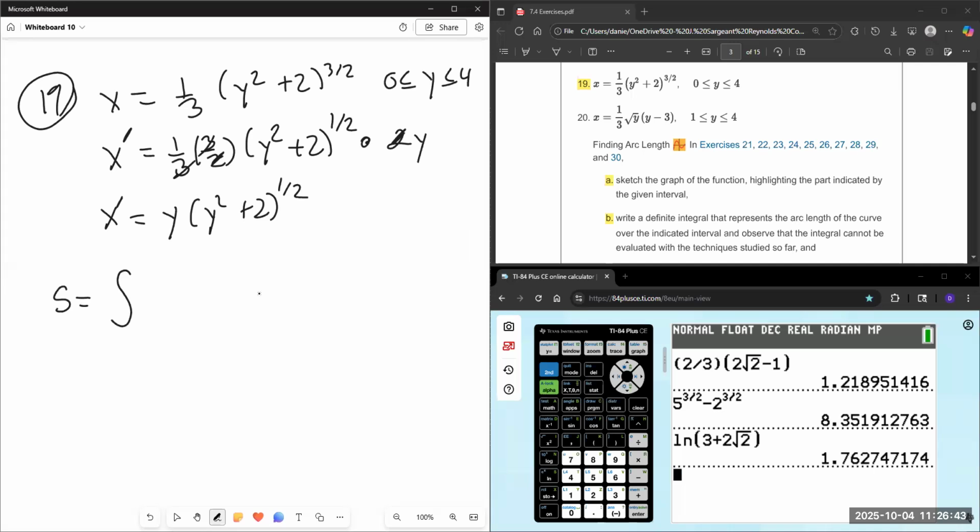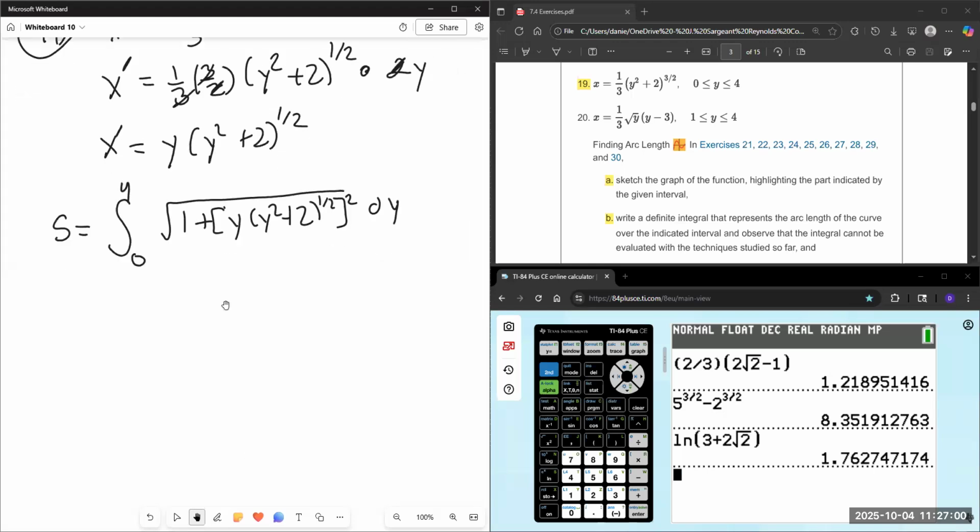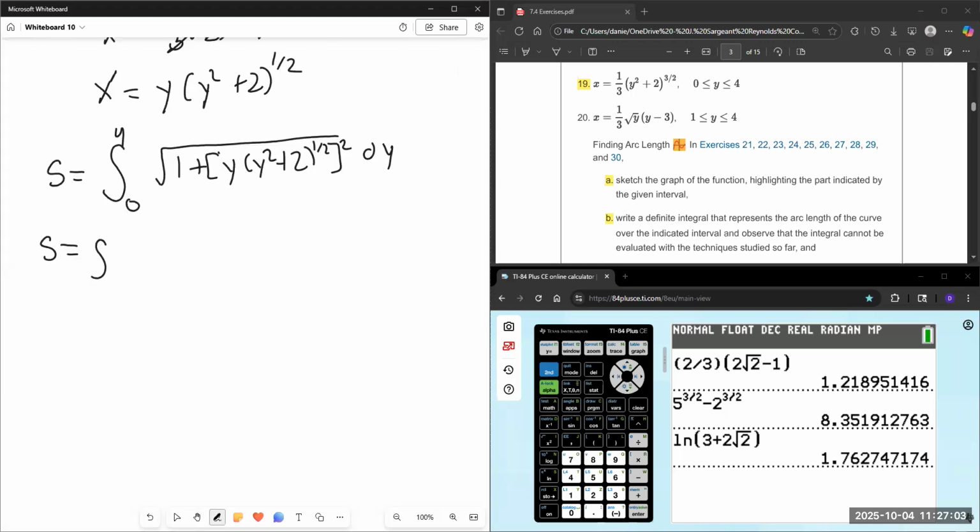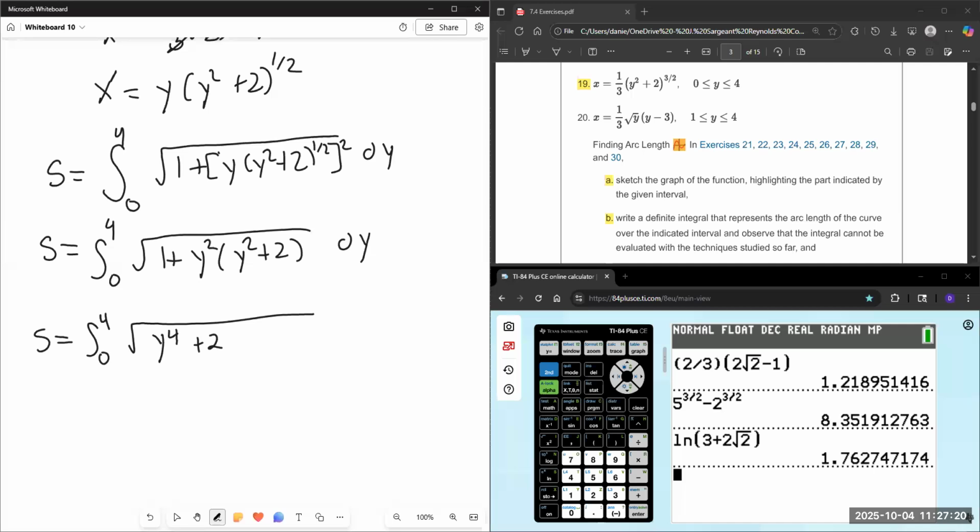So S is going to go from 0 to 4, square root of 1 plus y squared plus 2 to the 1/2 quantity squared dy. S is equal to 0 to 4 root 1 plus y squared times y squared plus 2 dy. S is equal to 0 to 4 of root y to the 4th plus 2 y squared plus 1 dy.